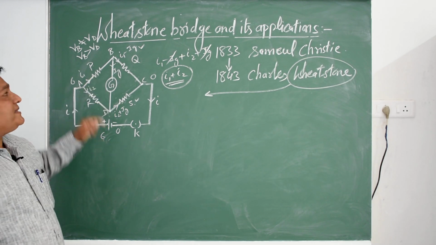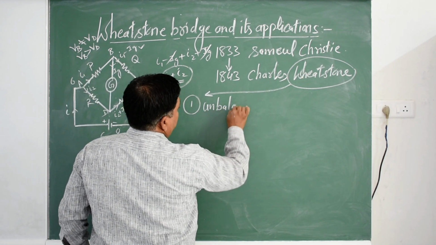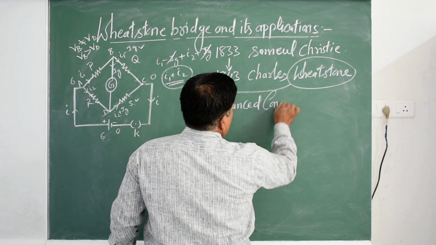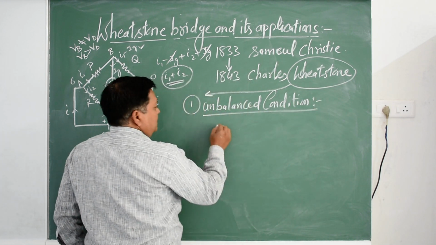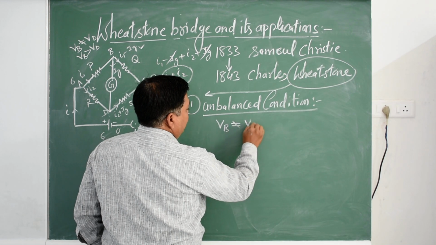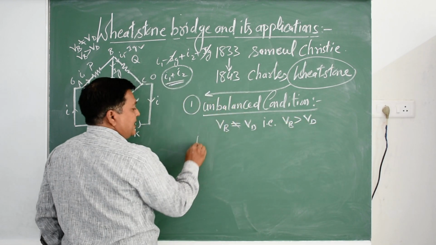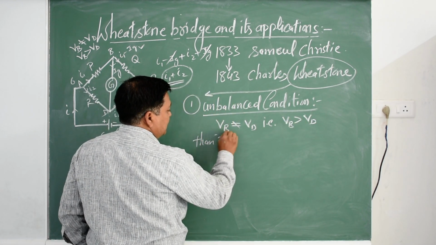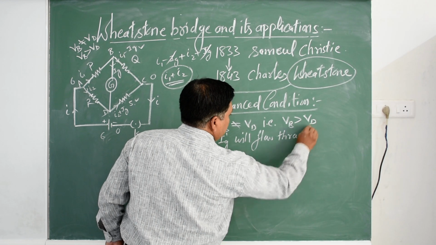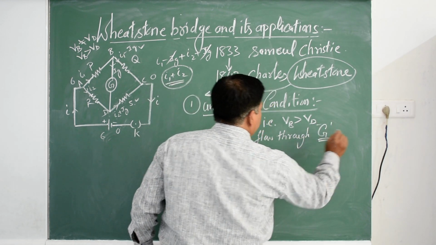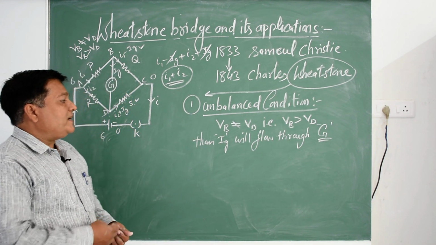Let us go through both conditions one by one. First we take the unbalanced condition of Wheatstone bridge. If VB is not equal to VD, that is, VB is greater than VD, then IG will flow through galvanometer G. In this case we are going to solve the circuit.